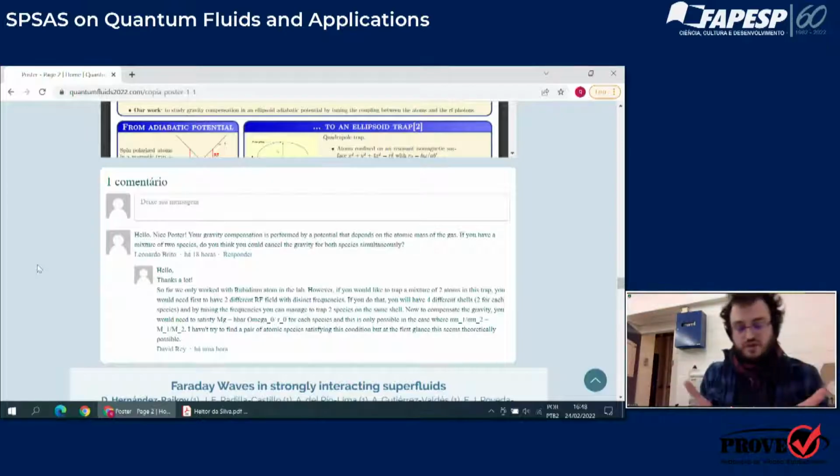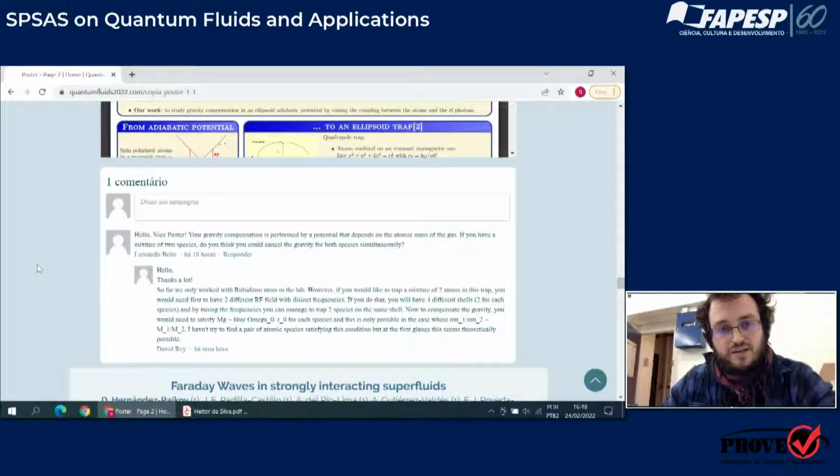They were first climbing, and then they were maintained at a given altitude, as you can see in the experimental results part of the poster. And in order to have the most precise altitudes, you had to take beyond rotating wave approximation terms into account in the simulation of our trap, in order to be as precise as possible.